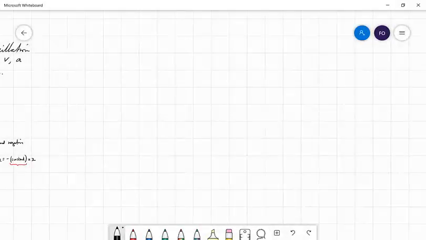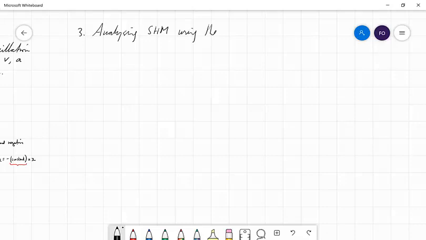In this lesson, we are going to be analyzing simple harmonic motion using the reference circle. So we'll call this analyzing simple harmonic motion using the reference circle.